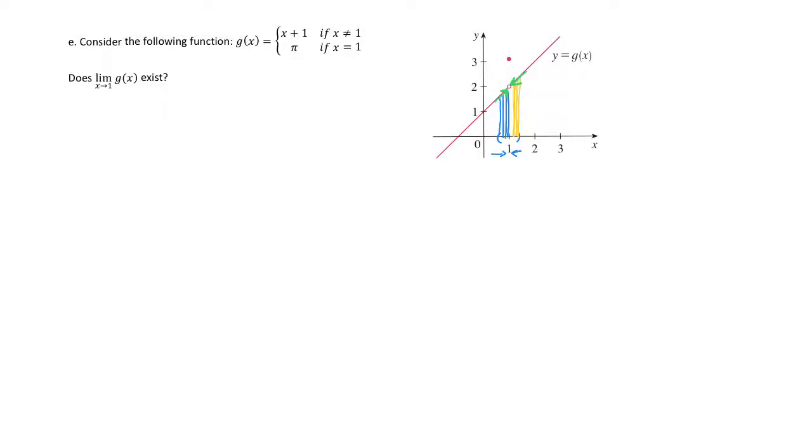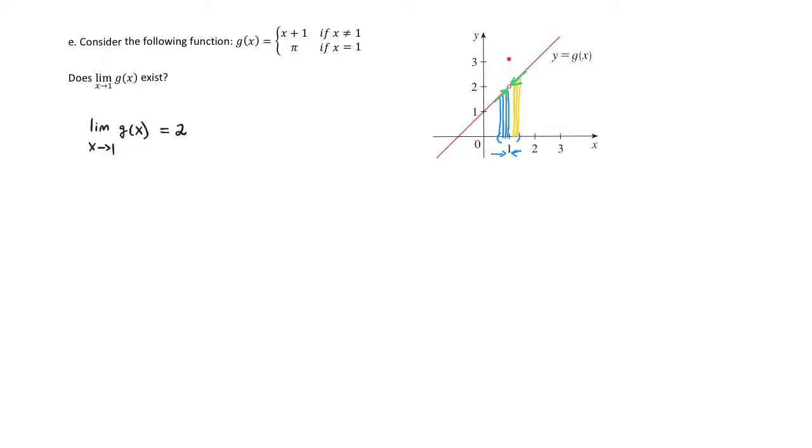We don't care that at 1, the y value is pi. We don't care about that. We notice that close to 1 on the left and on the right, the y values are approaching 2. So therefore, that becomes the limit. So we conclude here that the limit as x approaches 1 of g of x is going to be equal to 2.